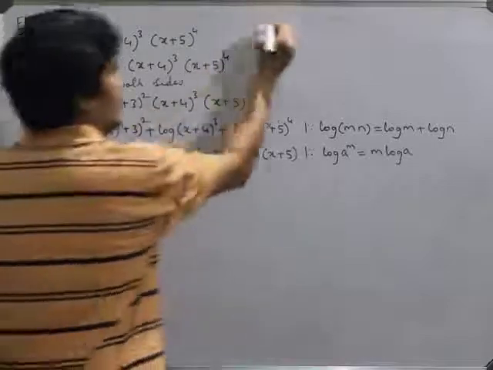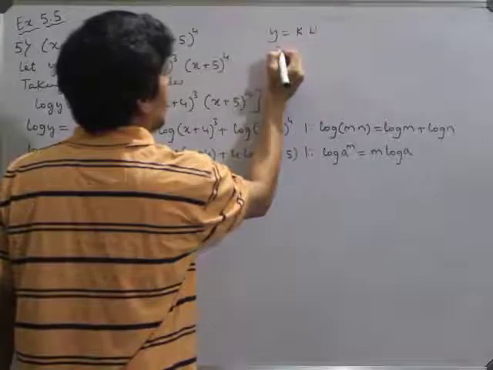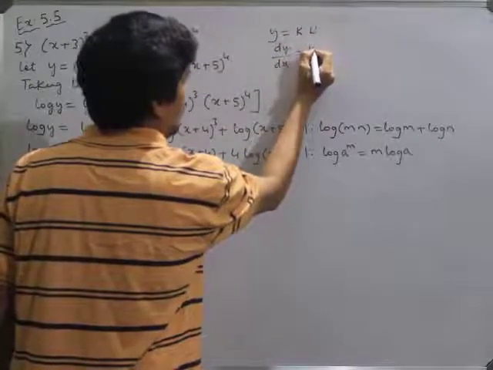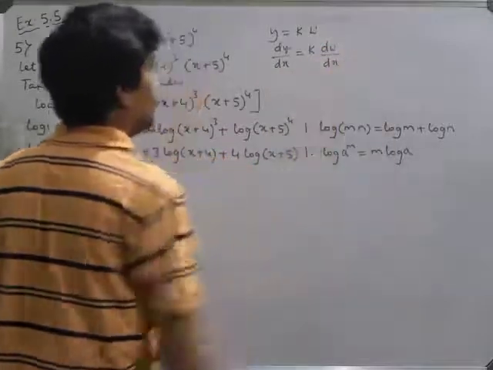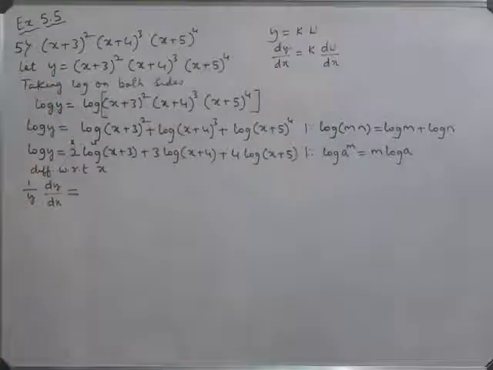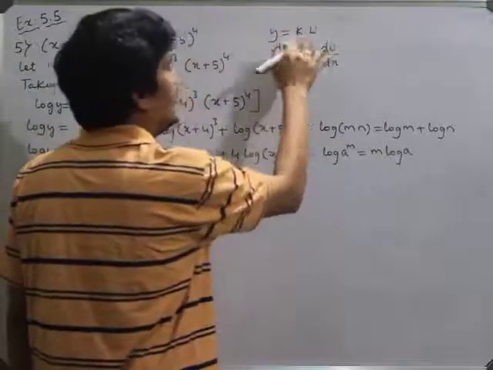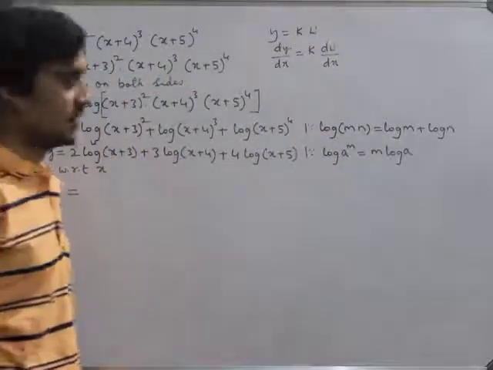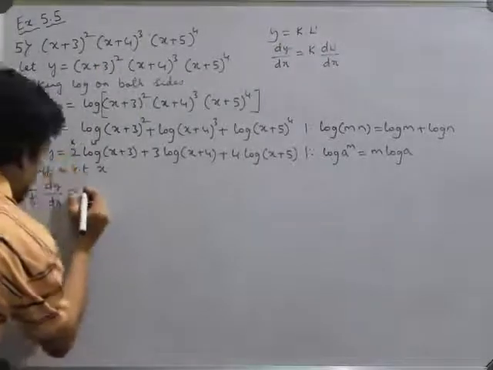If we have a function of the form y is equal to constant into function, we can write dy by dx is equal to constant into differentiation of function. If it is only a constant, y is equal to k, definitely dy by dx will be 0, because differentiation of a constant is 0. Now 1 by y into dy by dx is equal to the constant. Write it as it is.